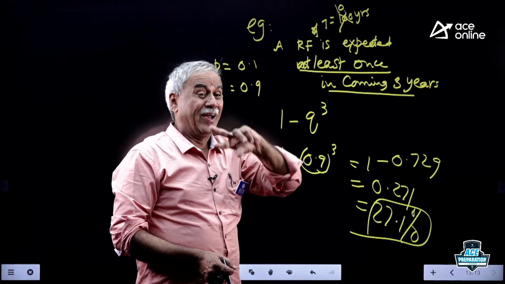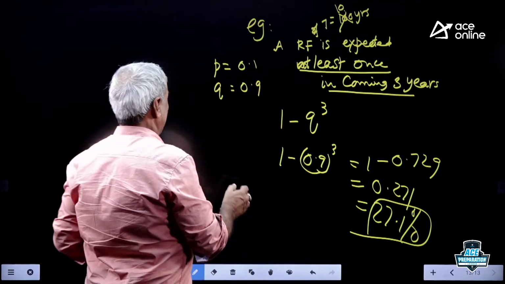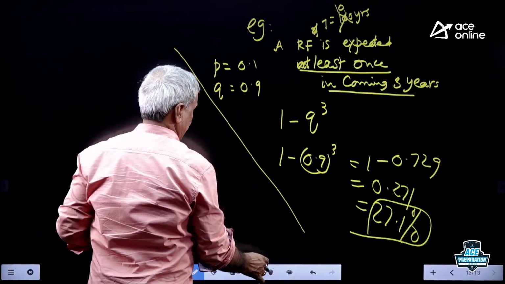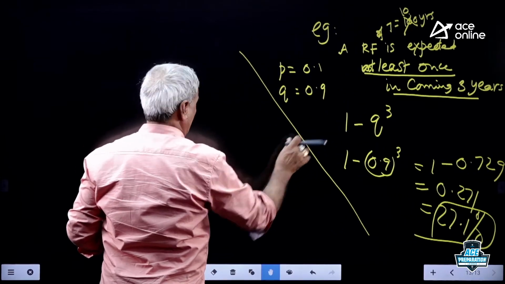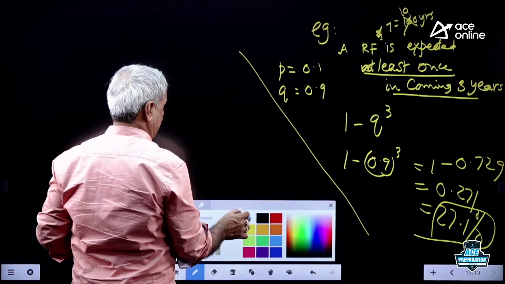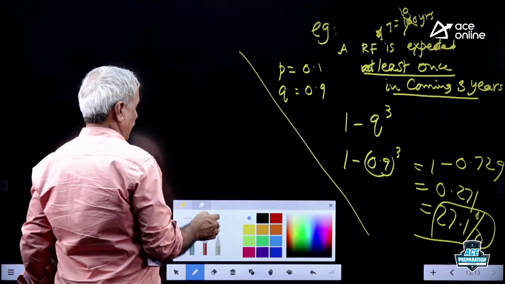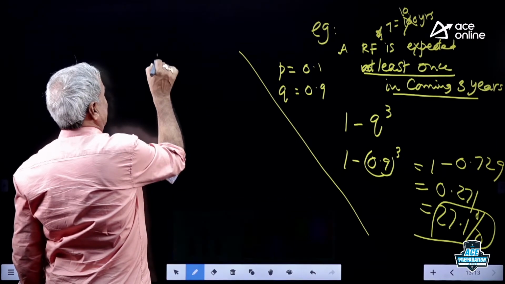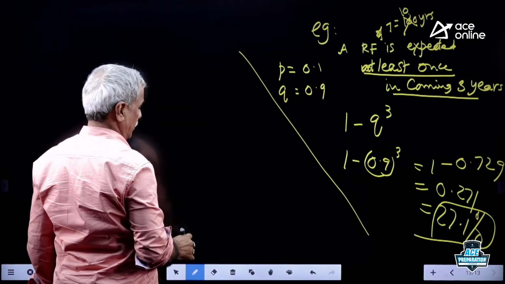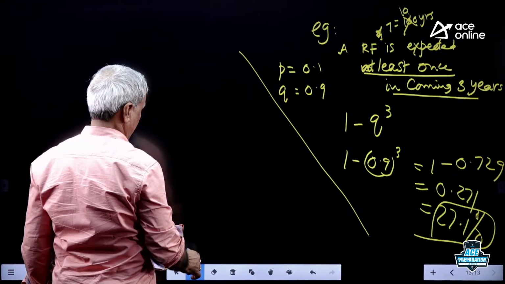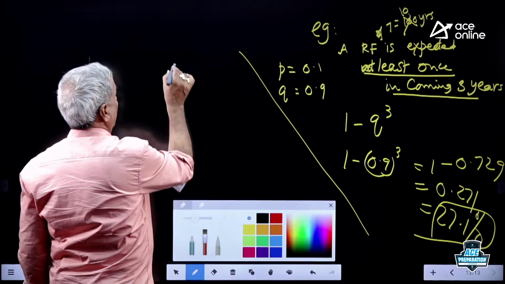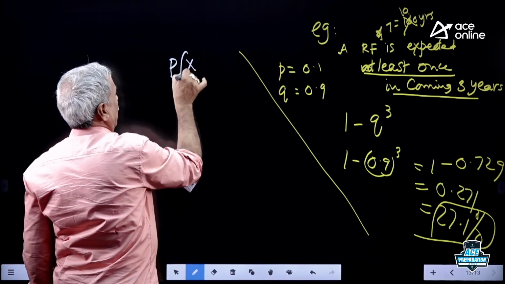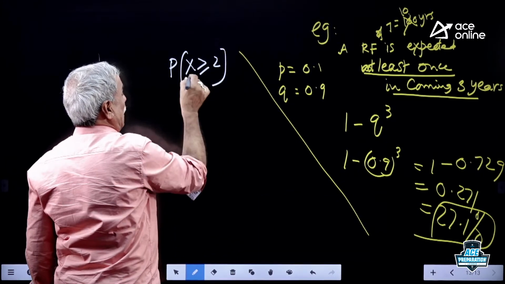At least twice in the coming 3 years. Probability of x greater than or equal to 2, at least twice.